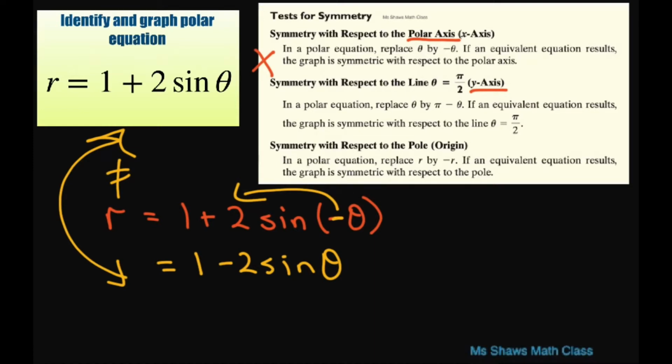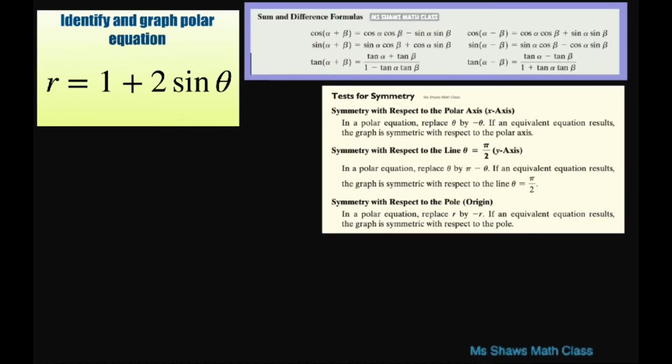Let's do the second test. It should work. So we're going to replace our theta with pi minus theta. So we're going to get r equals 1 plus 2 sine of pi minus theta. This has this form here for sum and difference formulas.